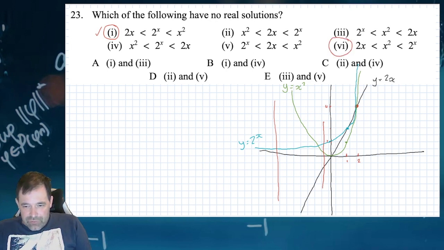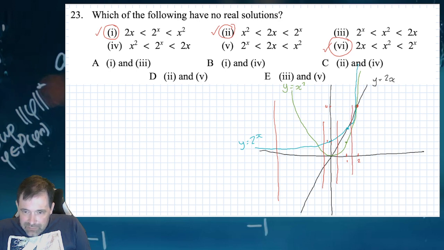And that order doesn't change until we get here. And that order is 2 to the x, then 2x, then x squared. So that's that one. That one works as well. And that doesn't change again until we get to this point here, where 2x is the largest, then 2 to the x, then x squared, which is that one there.